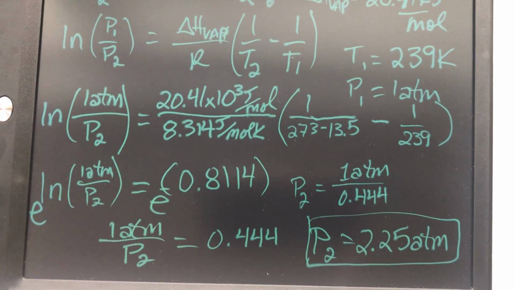But also there's a short version of the equation when you're looking for P2, where it's e to the power of delta H times 1 over T2 minus T1. I think I know what you're talking about.